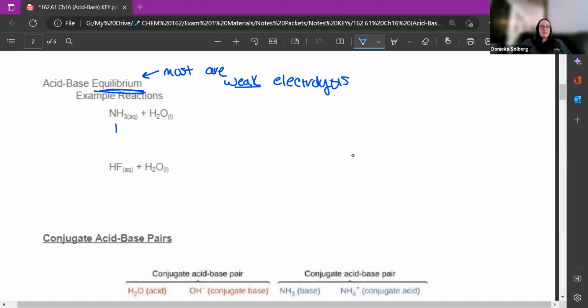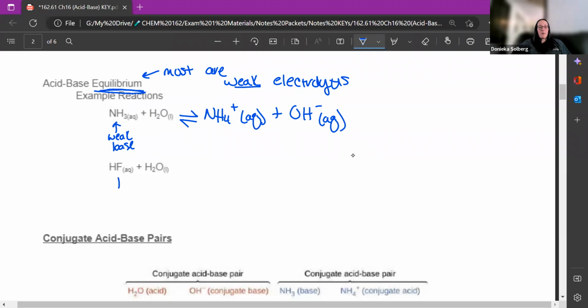So what happens is this. This is our weak base. We know this is not one of those strong bases that you have to have memorized. It is going to gain that H plus when you put it in water. Notice I'm doing my equilibrium arrow, not just my forward arrow. I end up with NH4 plus aqueous and OH minus aqueous.